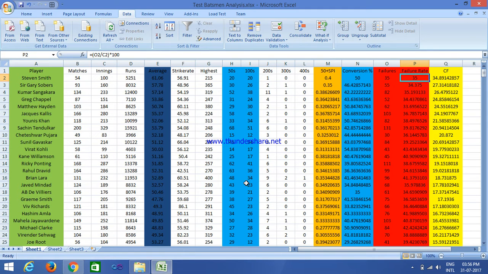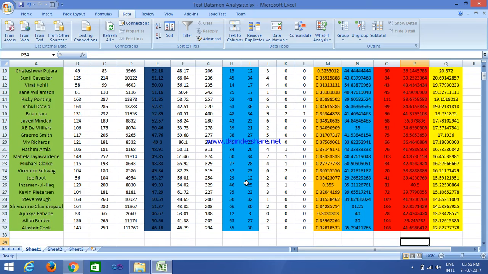Now, just a glance at the analysis. We start with Alastair Cook from below. Why is Alastair Cook marked so low? Because of his average of 46.18. That's not that great for a test batsman who has played over 140 innings. Then he has 55 50s and 30 hundreds, so the conversion rate is 35.29, which is not really great.